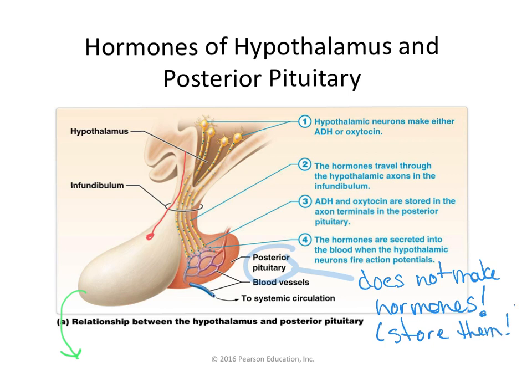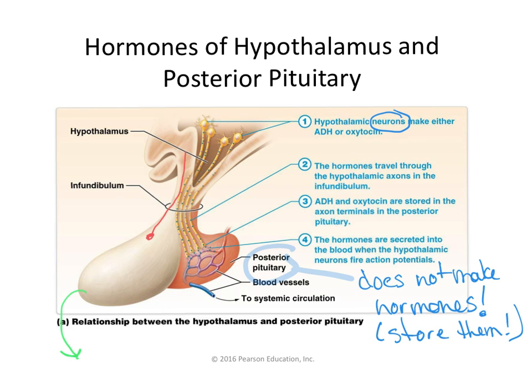Well, you might ask, who's making the hormones if the posterior pituitary is not doing it? Turns out the hypothalamus is doing it for the pituitary. It's a really weird little system where your hypothalamus has these neurons. Wait, Dr. Long, I thought you said that endocrine glands, epithelial cells, made hormones. Well, this is an exception.